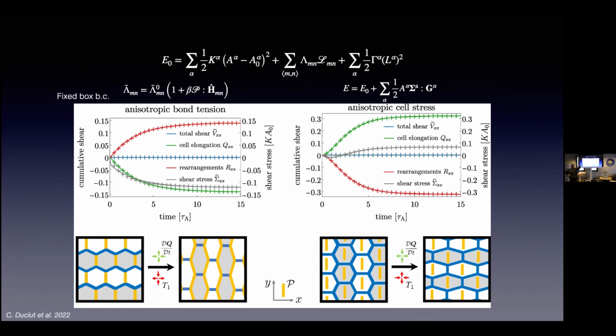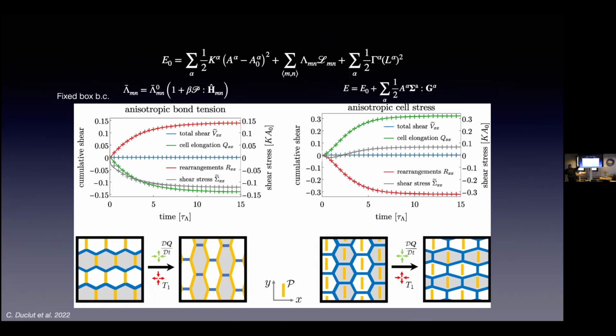The bond tensions are implemented in such a way that they're not just constants or simple values, but they come from some polarity vector that couples to some external field. This colon here is the complete contraction, the trace of the multiplication of the tensors, so you get a scalar out of it. You totally contract everything.